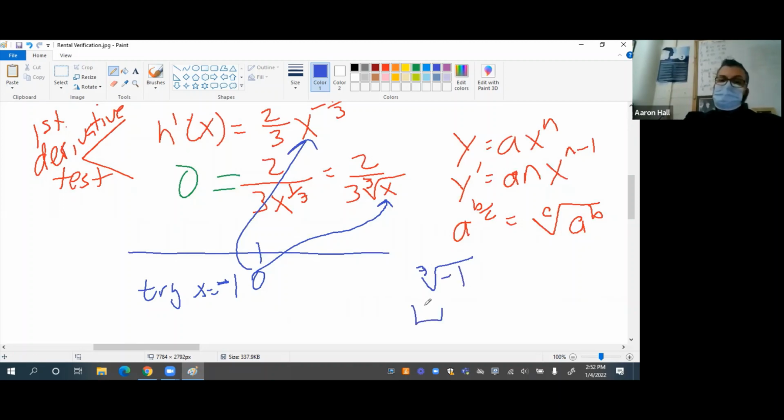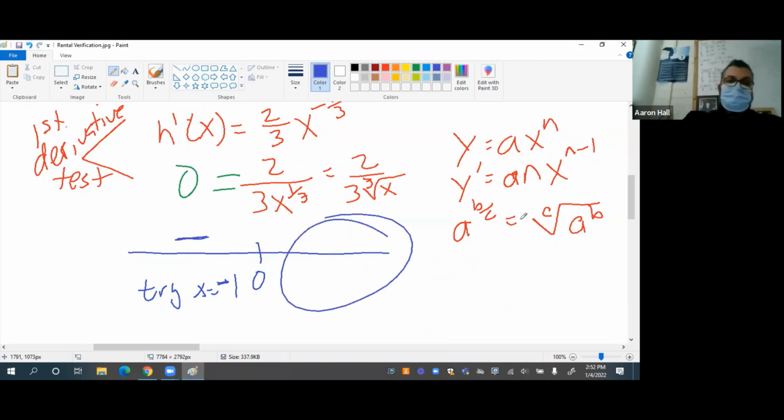We're thinking of something that times itself gives us -1. Yeah, the answer is -1. So I have 3 times -1, which is -3. 2 over -3 is positive or negative? It's negative. So we're getting a negative value on this side.